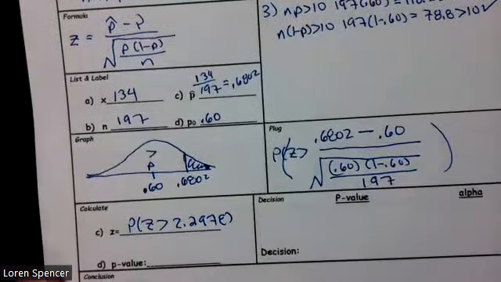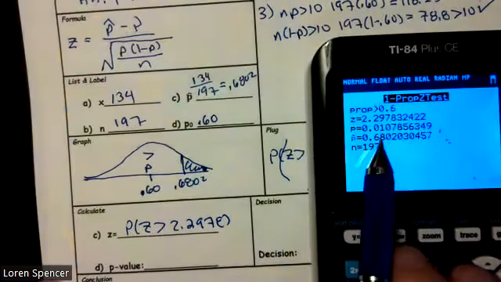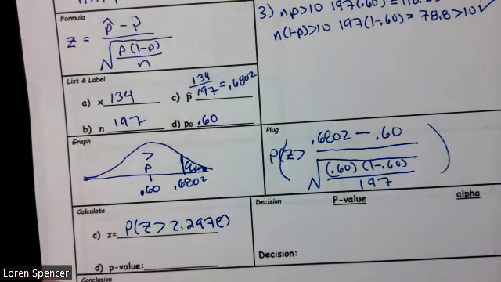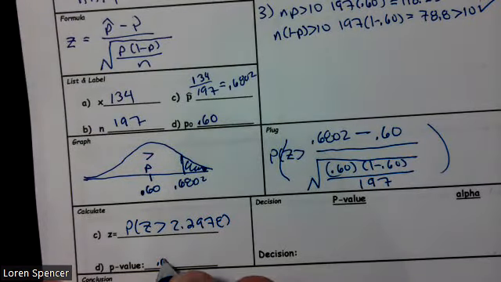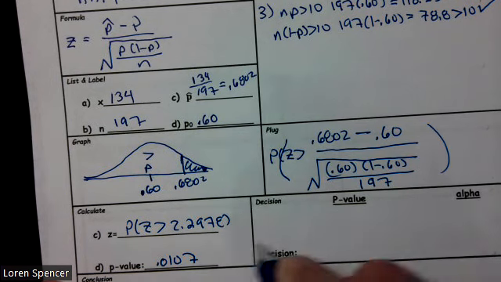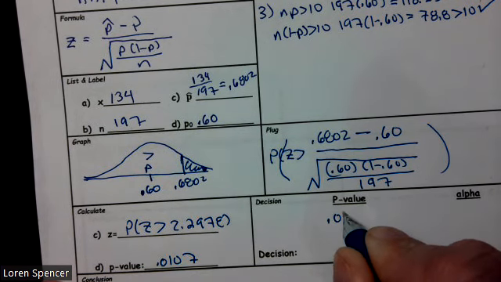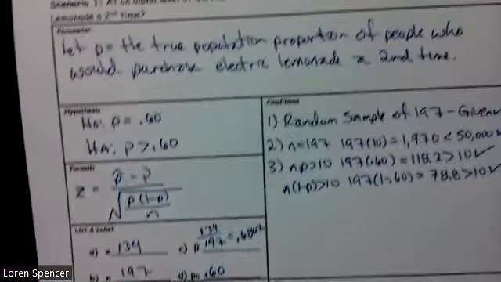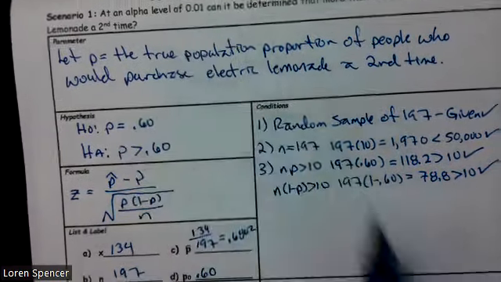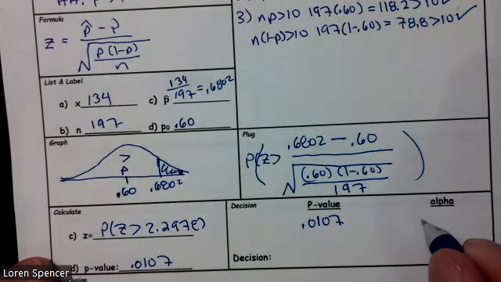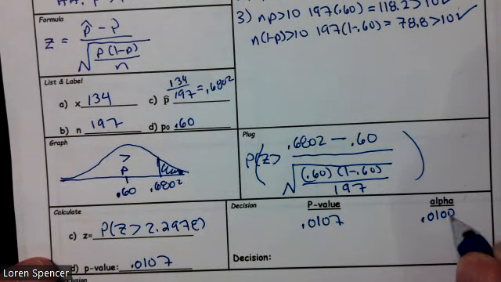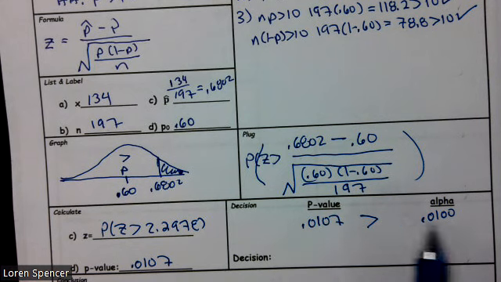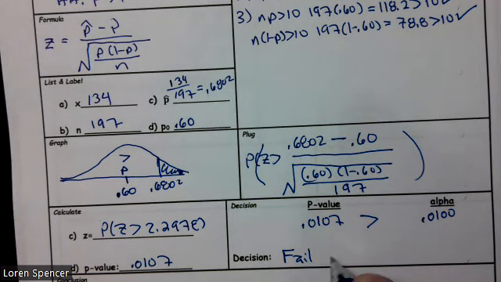And that yields a p-value of 0.0107. So our p-value is 0.0107. And what was our alpha? Our alpha level is 0.01. Well, this is greater than, all right, because 107 is bigger than 100, so we're going to fail to reject.